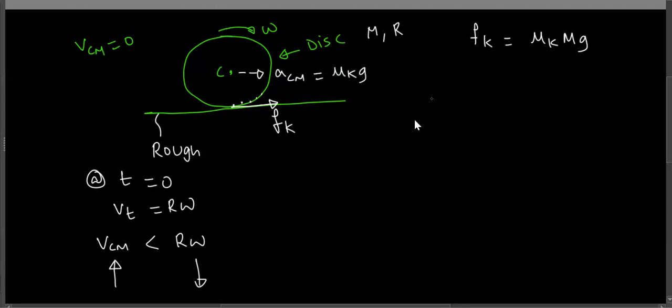Now, angular acceleration will be in which direction? Clockwise. Friction is pointing in which direction? If you use right hand thumb rule, about center, alpha will be in which direction?